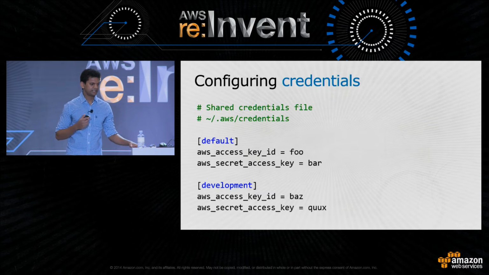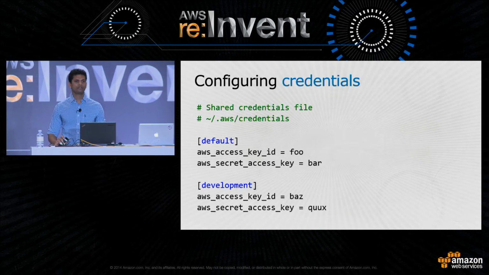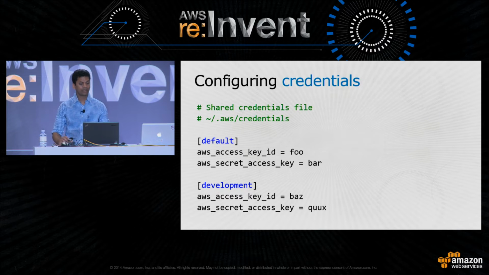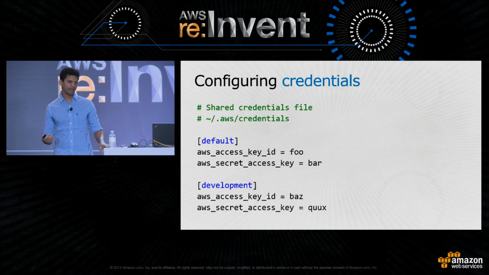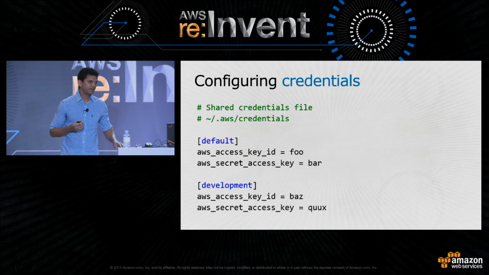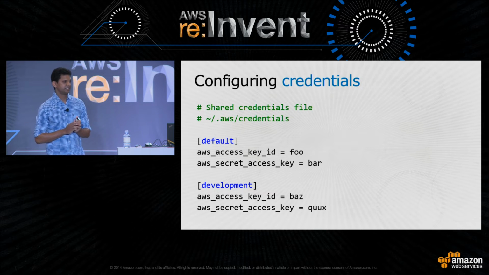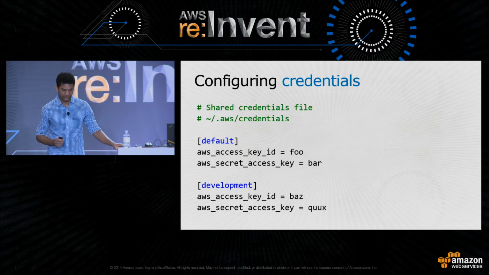Before the SDK can be used, it requires credentials to be configured. There are many ways of configuring credentials, but we recommend that you use the shared credentials file, and this is for a couple of reasons. Firstly, the shared credentials file is shared by other AWS SDKs like Ruby and PHP, as well as the AWS CLI, and so it serves as a single point of configuration.